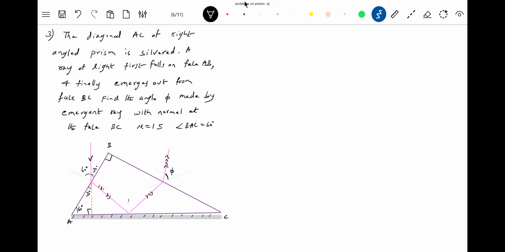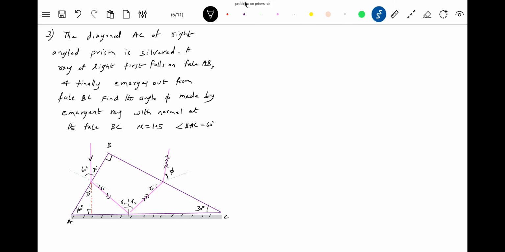This is R1, R2, R2, R3. So this angle will be 30 degrees. We have to calculate just that particular angle.